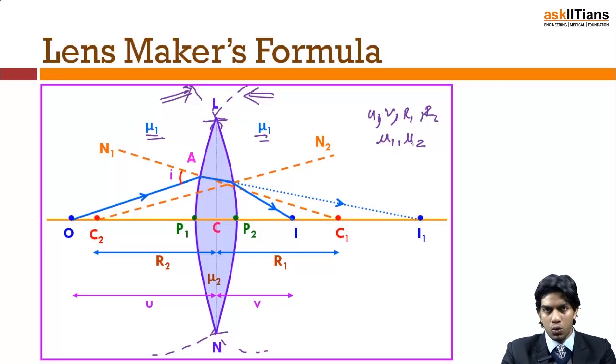If you give me those two refracting surfaces, their refractive indices and the refractive index of the surroundings, I'll come up with a formula which tells me how good the lens is. That is given by the lens maker formula. I will find out what the lens maker formula is by simply applying refraction through spherical surfaces.